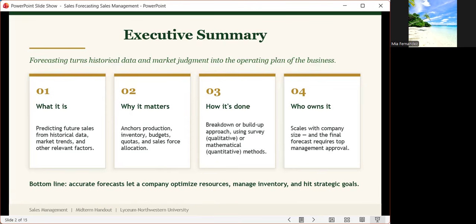So how is it done? We have two approaches, the breakdown and the build up, and two families of methods. We have survey, which is qualitative, or mathematical methods, which is quantitative. I know that you're already taking up, or you will be taking up, business research next semester, so don't be confused about that one.